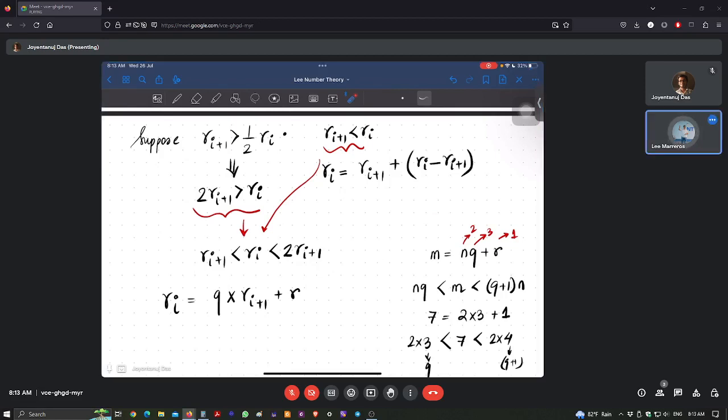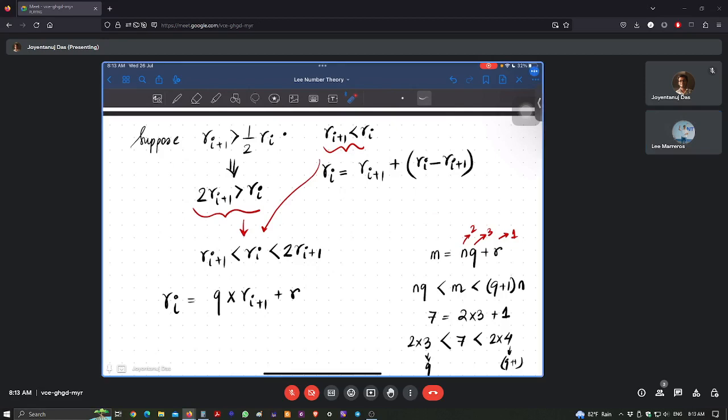So what I understand is that Ri would be greater than q multiplied by Ri plus 1 and less than q plus 1 multiplied by Ri plus 1.